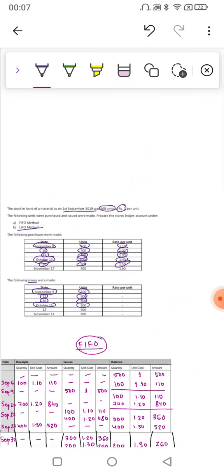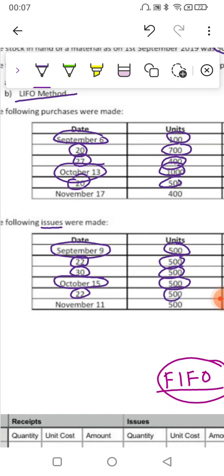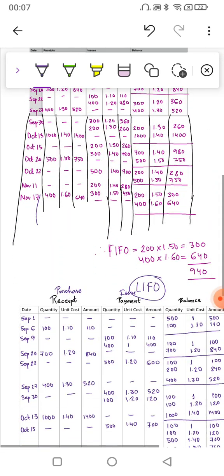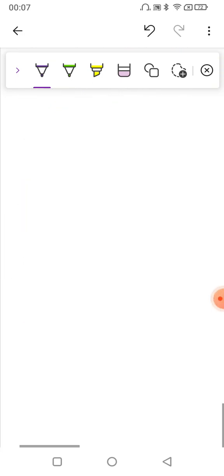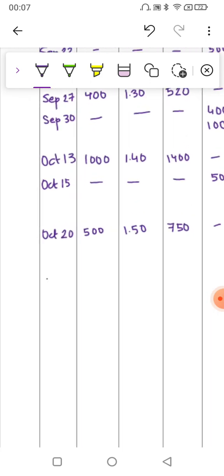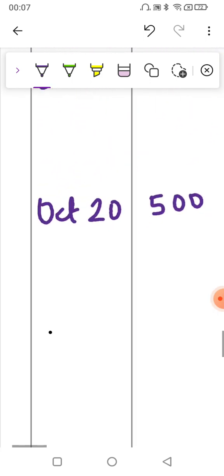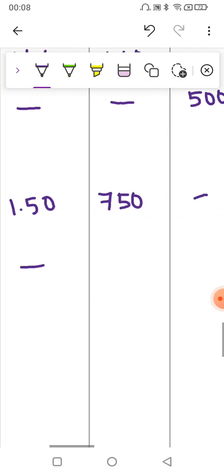We will move to the next date. October 22 is remaining. 500 were issued. So October 22, I'm going to record October 22 here. So October 22, 500 were issued, no purchases made.